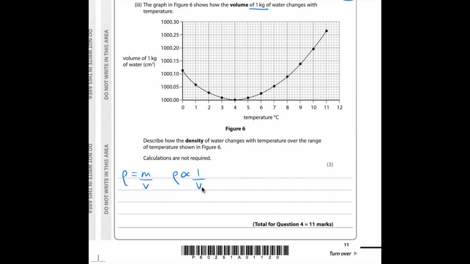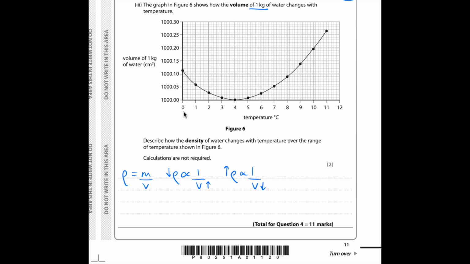Now that basically means if the volume gets bigger, the density is going to get smaller, and also, that's the proportional sign by the way, if the volume gets smaller, the density is going to get bigger. So let's have a little look and see what's happening.